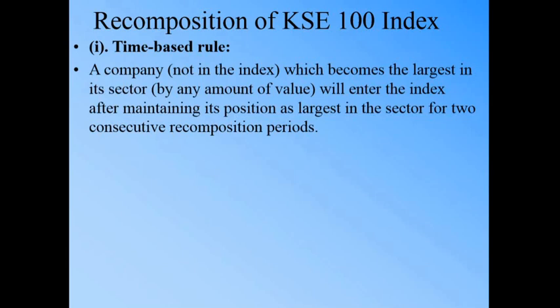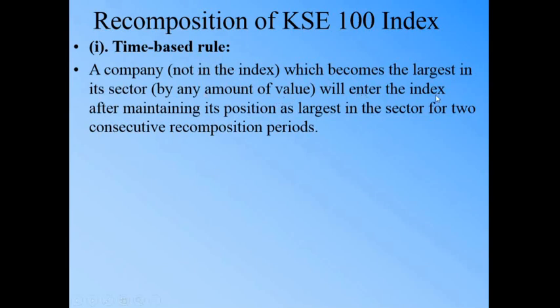But now in the next recomposition period, its value has increased to, let's say, 10.1 million or 10.5 million, while the other companies still remain at 10 million. So it has increased in value by an amount of 0.5 million, and it will enter the index.